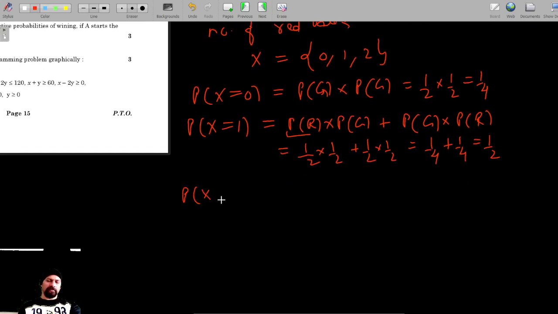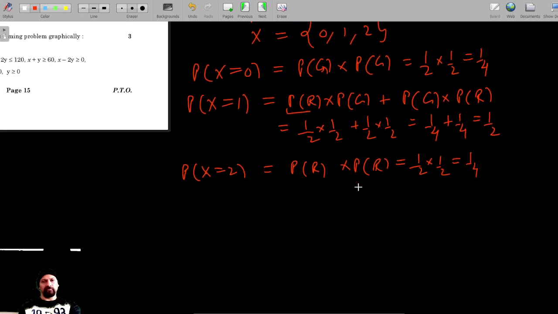Now, the probability that both of them are red, that means the first ball is red and the second ball is red, is half into half, which is equal to 1 by 4.